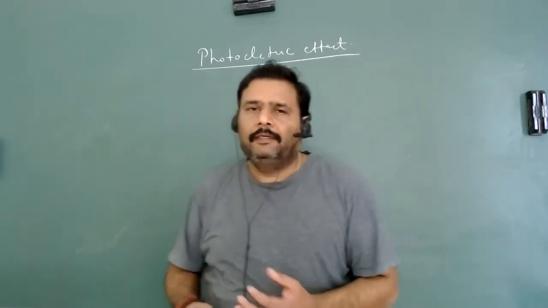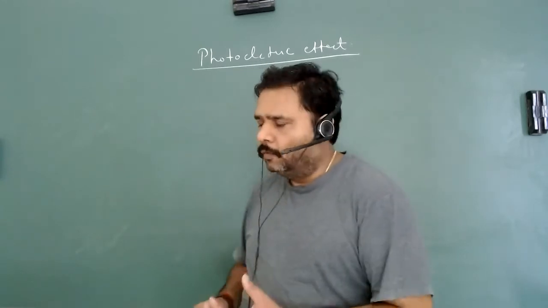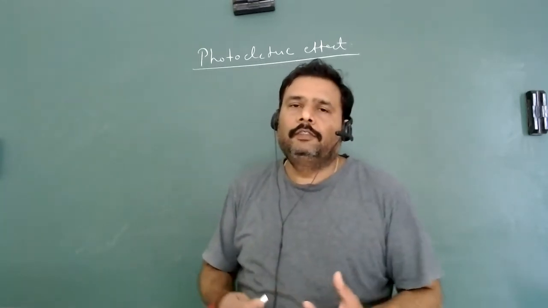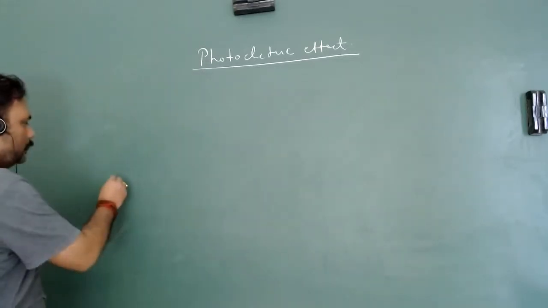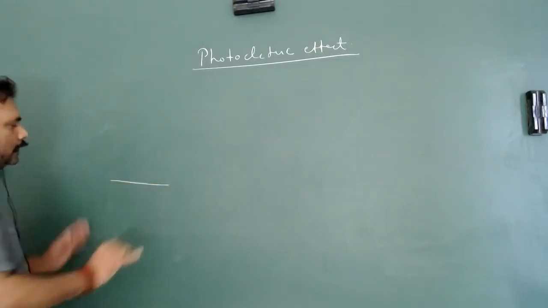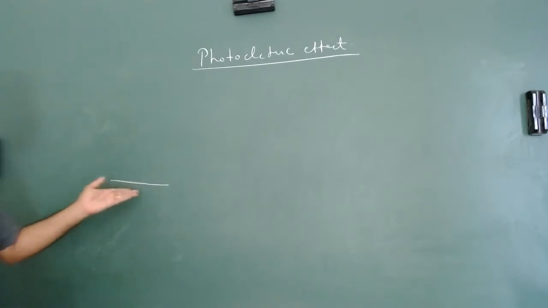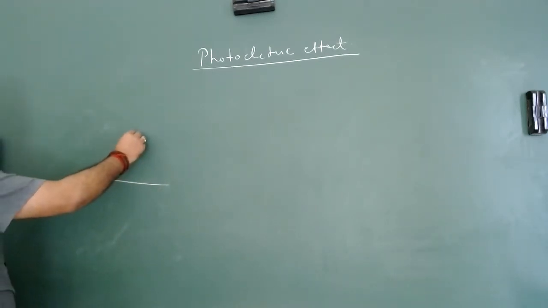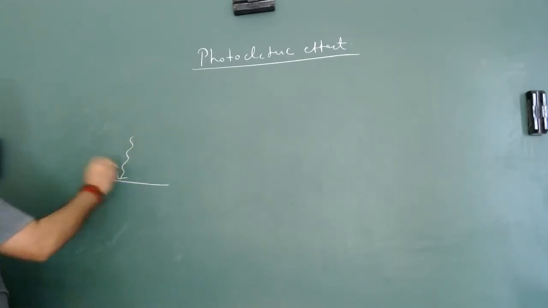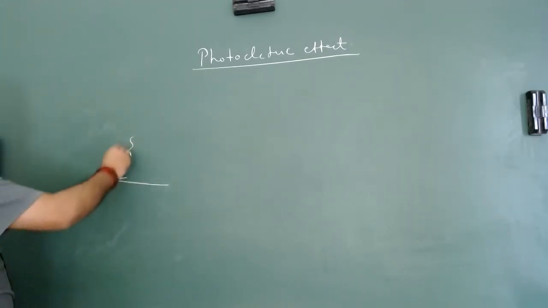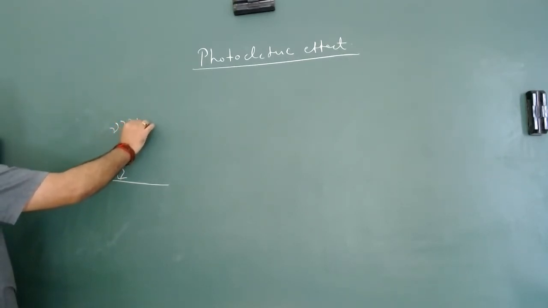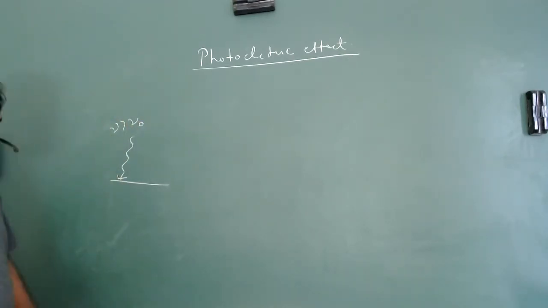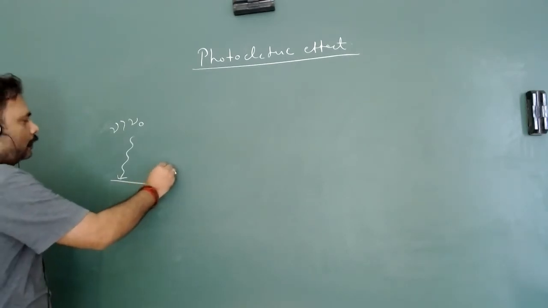Before that, let's see what we are going to do. Let us assume we have a photographic plate, some metal plate, where the light will come. And we have seen that if the frequency of light is greater than some particular frequency, the electron will come out.